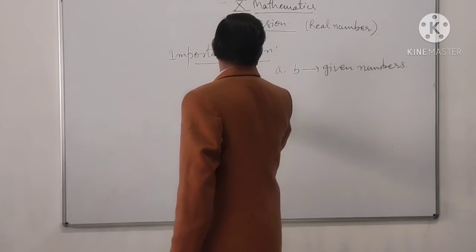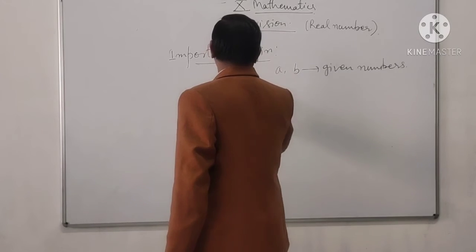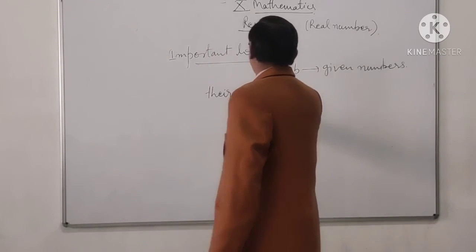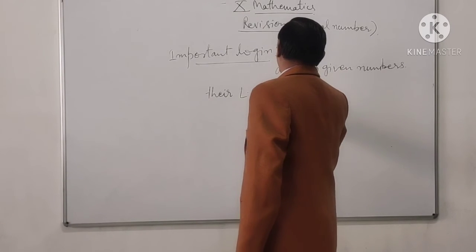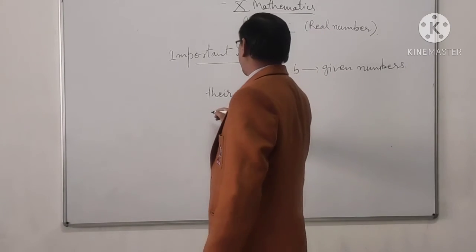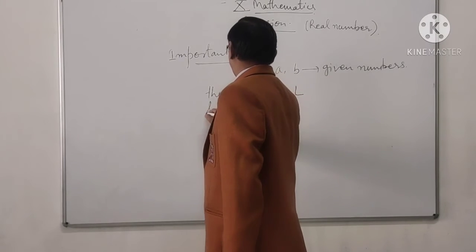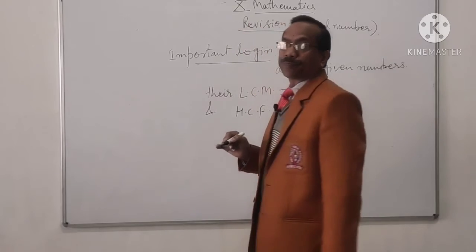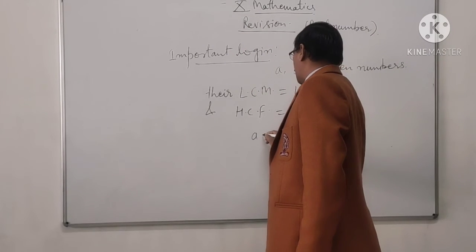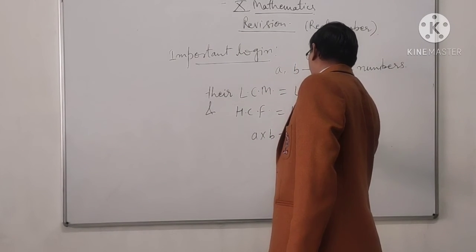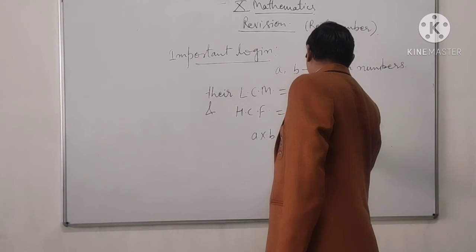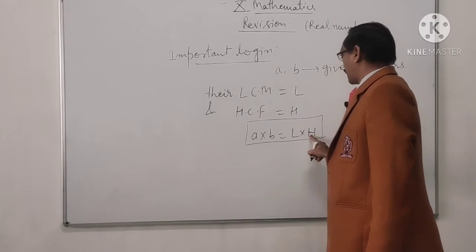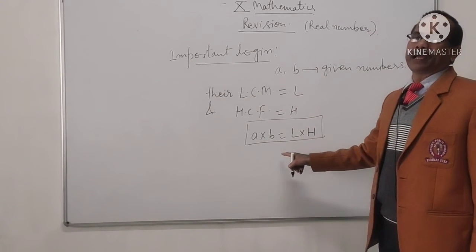Let their LCM be L, and their HCF be H. Then the rule is A into B equals L into H. Means the product of the numbers equals the product of their LCM and HCF.